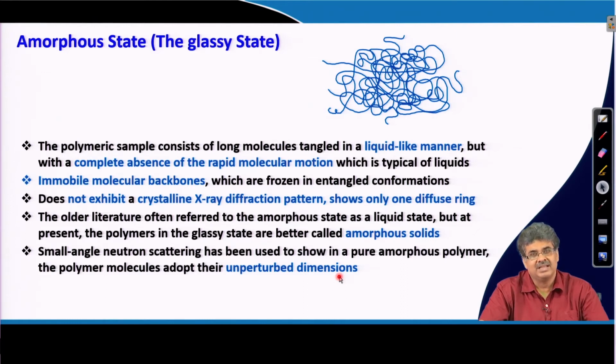Basically, which happens for polymers in a theta solvent, if you recall. So, for pure amorphous polymers, the size of a polymer will resemble the unperturbed dimension, like the dimension in a theta solvent.